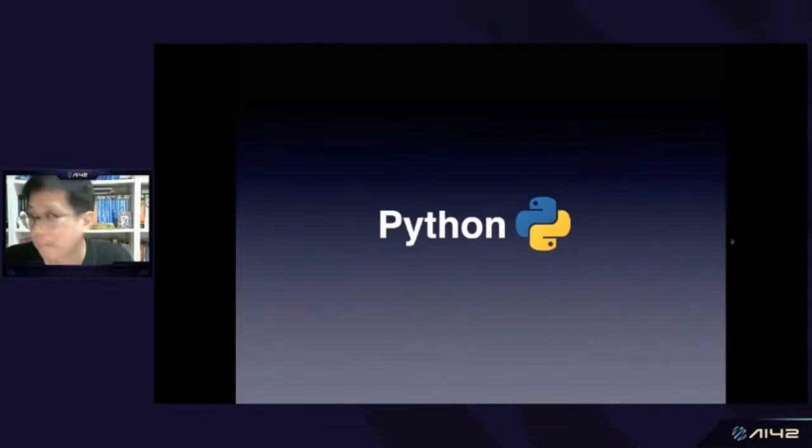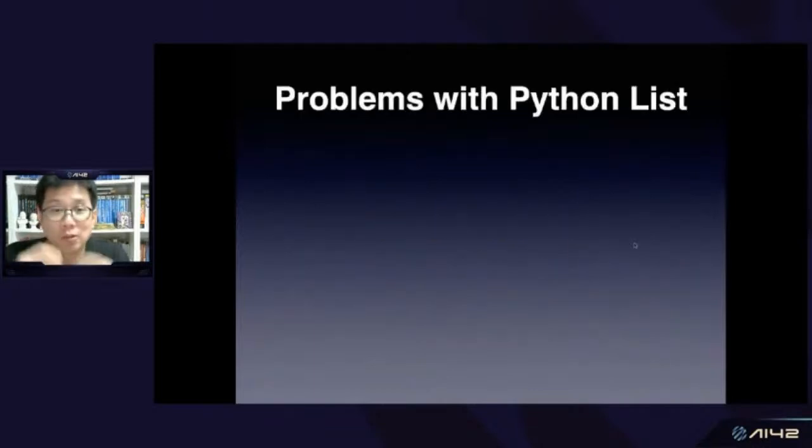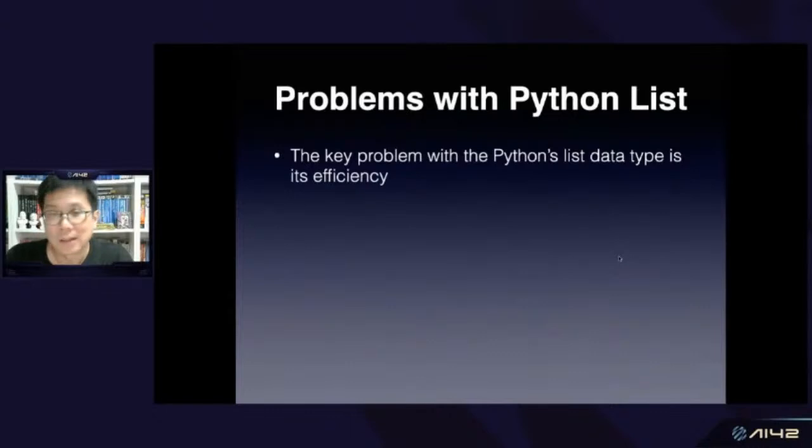Now, Python. There is one fundamental data structure in Python, which is very, very important for storing collection of items, and that is the Python list. The Python list data structure is a very flexible data structure.